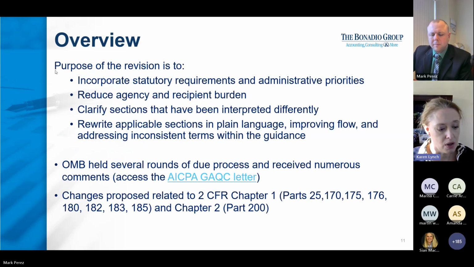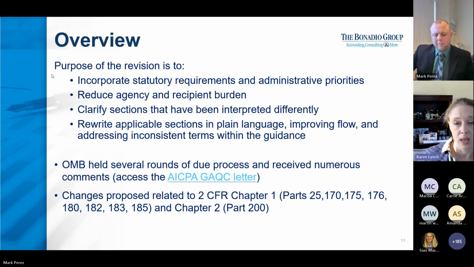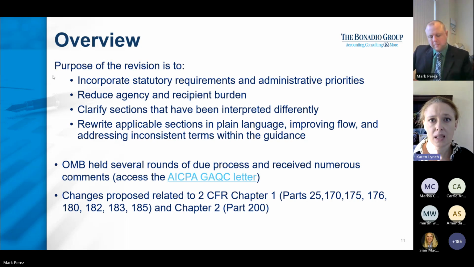So if we turn to look at what the heck the point of doing this was, as Mark had said at the beginning, this has happened multiple times. So there's always changes happening in every few years. It kind of gets scrutinized and then looked at in a more thorough detail. There's a significant amount of questions and comments that are required and requested throughout the process. So this isn't something necessarily that the Office of Management and Budget just goes ahead and does.